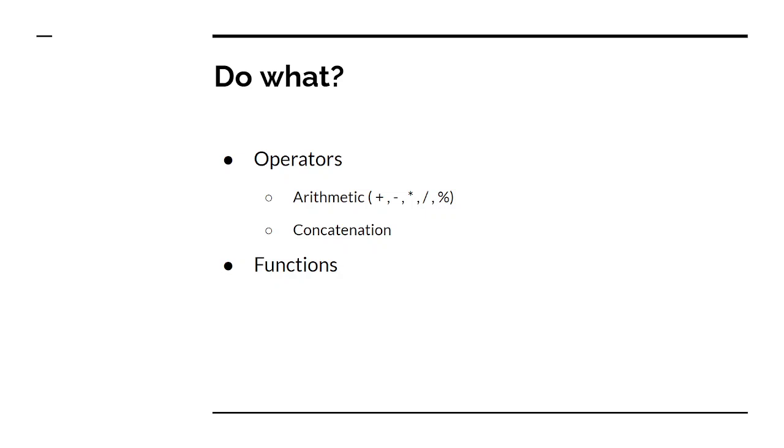Slash is division of two numbers. Percent is the modulus symbol which will result in a remainder. These are arithmetic operations.